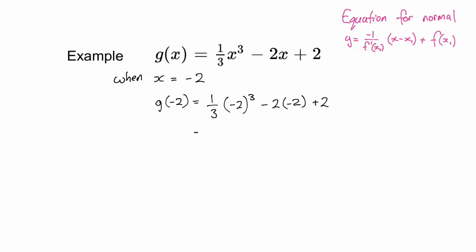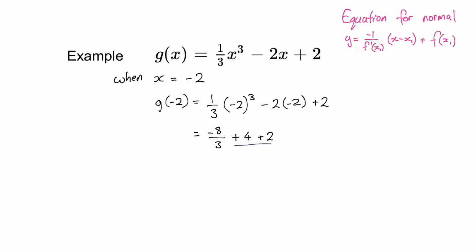So looking at this, we're going to have minus 2 cubed. Well, 2 times 2 is 4. 4 times 2 is 8. Now we've got a negative, and then another negative, so we'll end up with a negative 8 over 3 minus, well, 2 times 2 is 4. Minus and a minus is going to be a positive, so that changes to a positive 4, and then we'll have a plus 2.